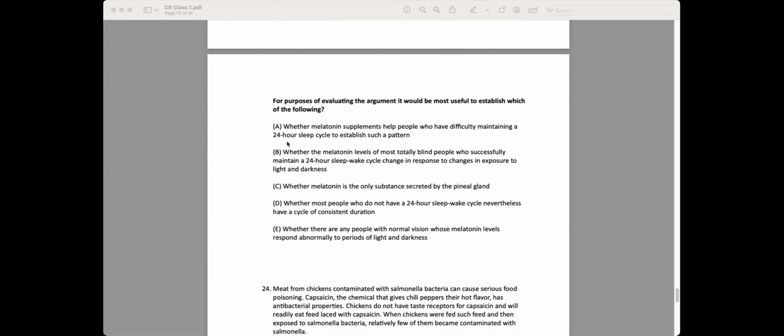Option C: whether melatonin is the only substance secreted by the pineal gland. I don't know. The pineal gland might be secreting other things. We are talking about governing that 24-hour cycle by secreting melatonin, and the pineal gland might have other functions, but that really doesn't matter.